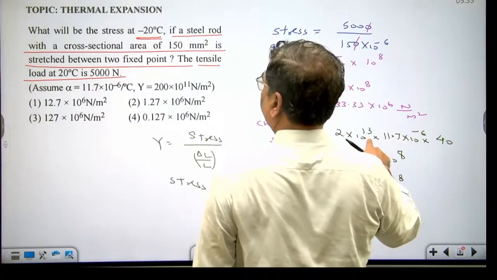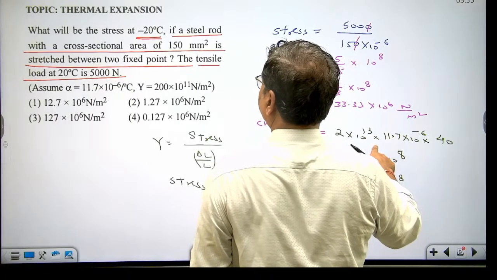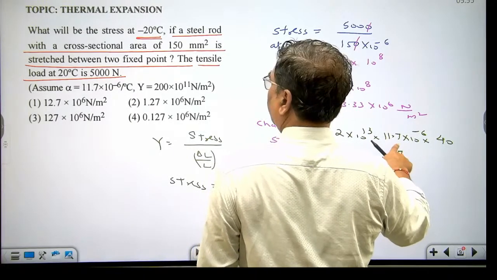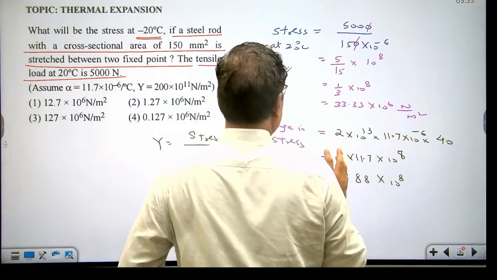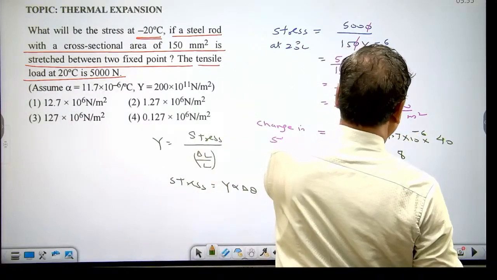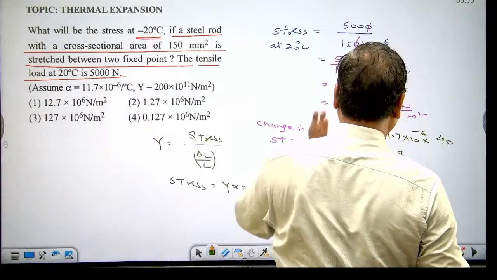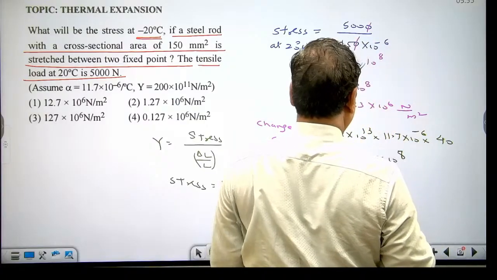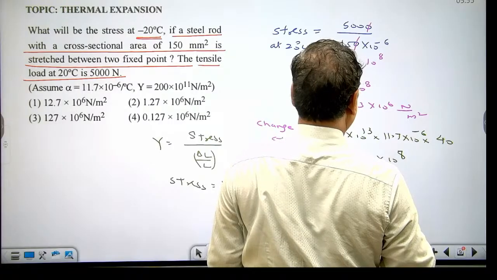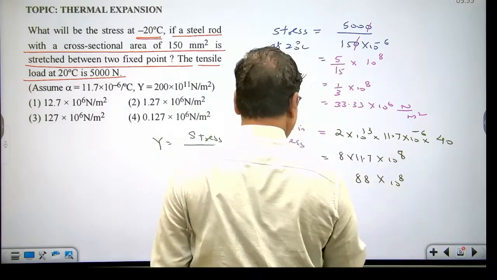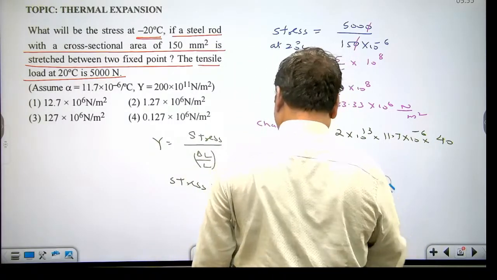This is 2 into 10 power 13 into 11.7 into 10 power minus 6 into 40, okay. So 10 power 13, 10 power 14, 14 minus 6, 8. We have already taken that power.